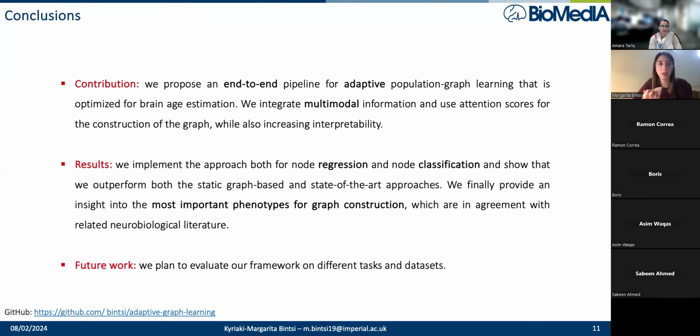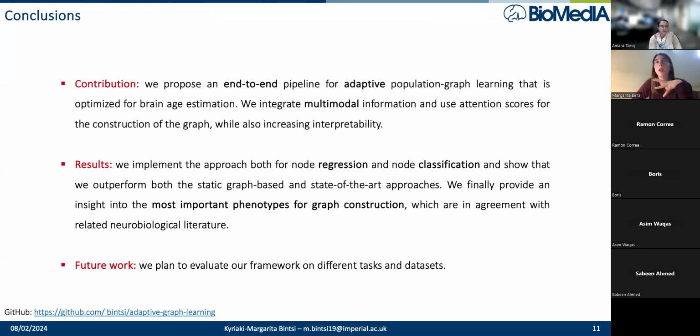We implemented this approach for node regression, but also for node classification for 4 tasks. And we outperformed both the baselines, the static graph-based, and also the adaptive state-of-the-art graph learning approaches.